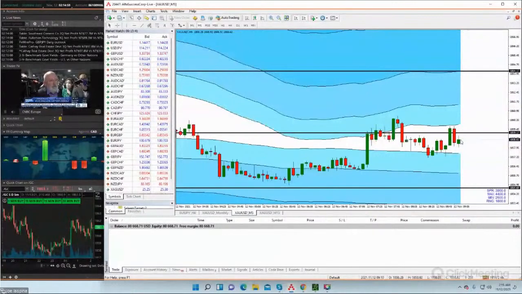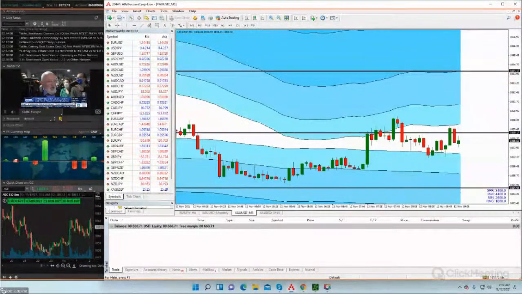If I go long here, this line is going to be about 10 pips, which is no good. So it's very important to get into a trade in a good location.